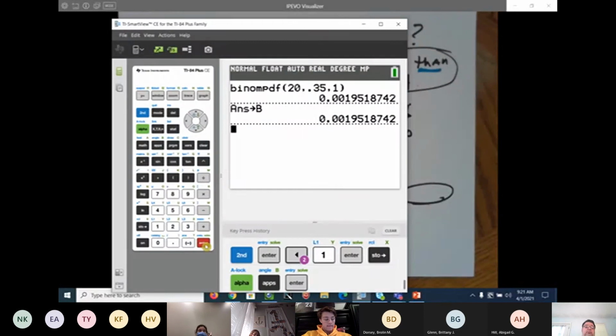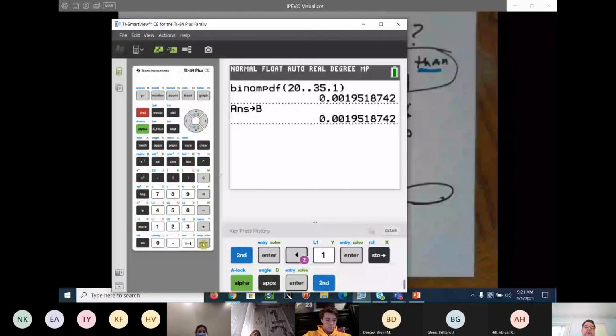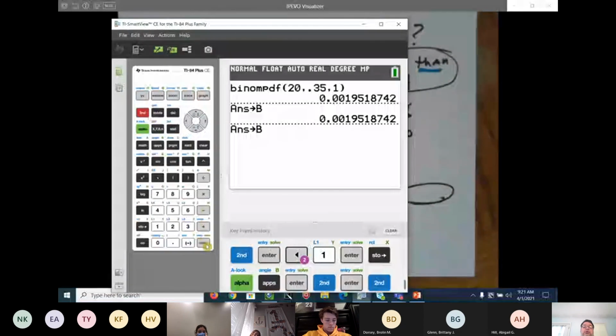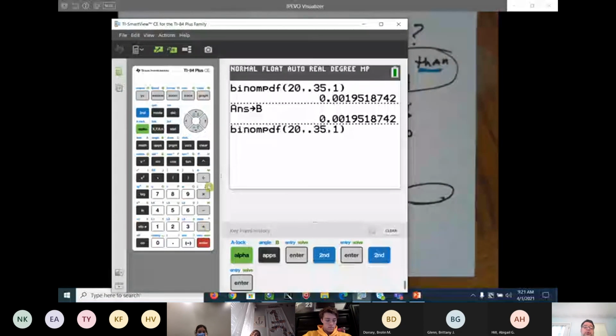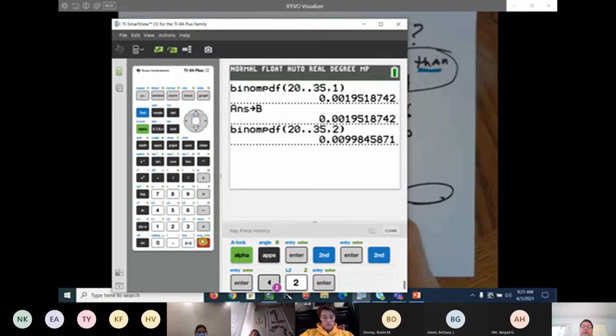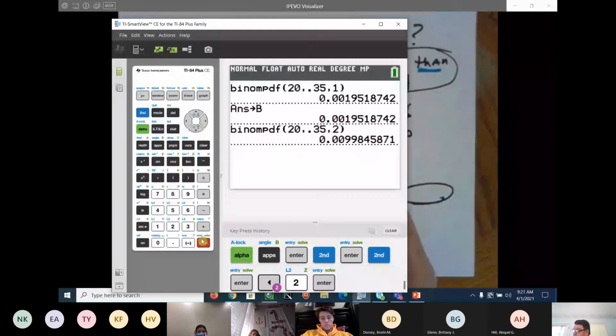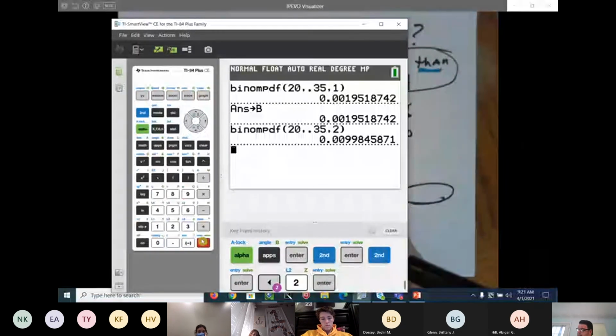And now I'm going to hit second entry. I'm going to change that to a 2. And that's going to be 0.00, well, it looks like 0.0100. Wouldn't y'all say that's it? Y'all settle down, please.